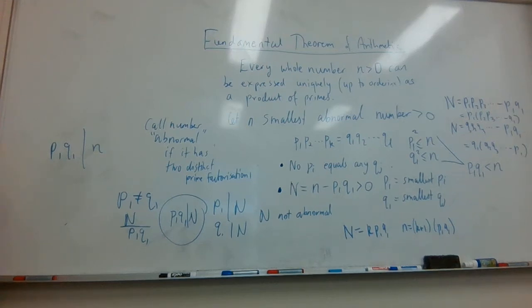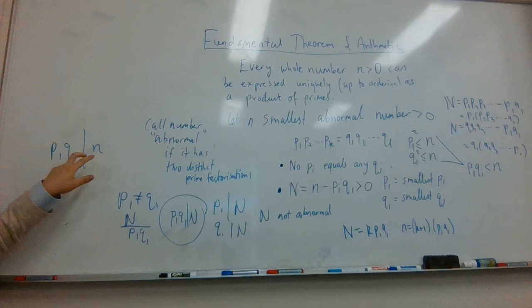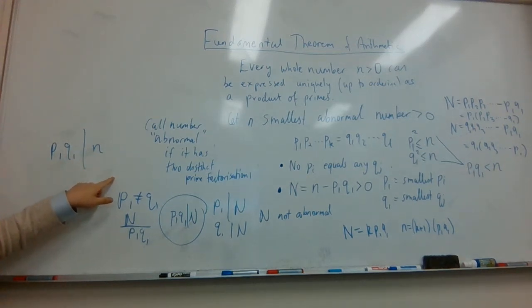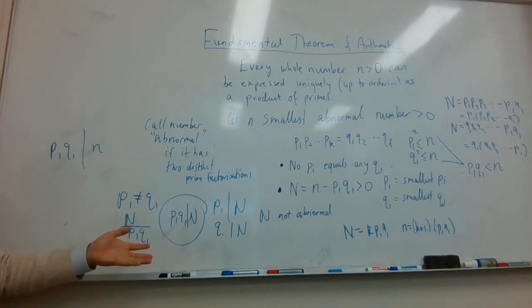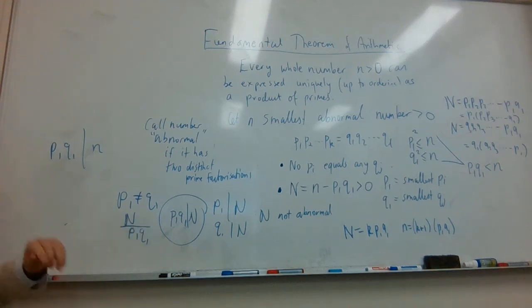Because if they don't, it wouldn't make sense. So it's actually much easier to get prime factorizations than to get unique ones, right? To get a prime factorization, you just have to keep factoring out primes. It gets smaller and smaller, and you'll be done eventually. So here, if P1Q1 divides n, then P1Q1 times something else equals n, and that something else can be prime factorized uniquely.